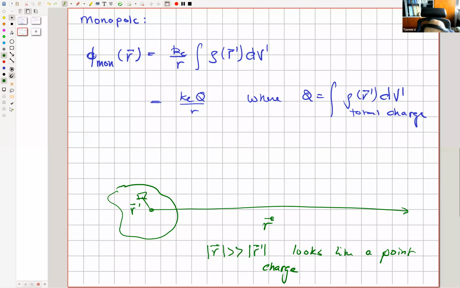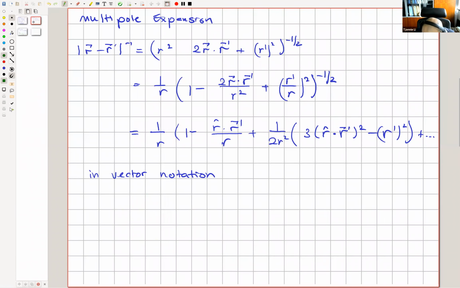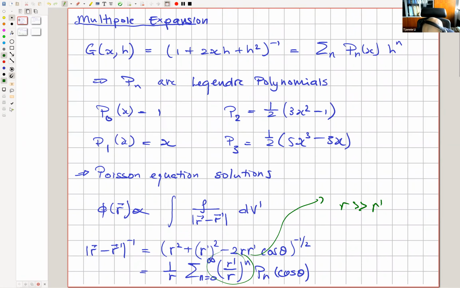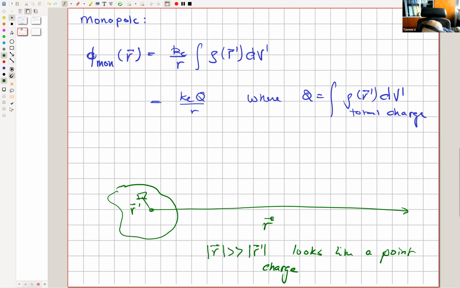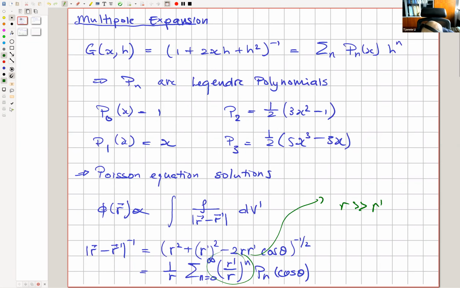Okay, so now let's take a look at the next order, when n equals 1. I'm getting R prime over R, and I get P1, which is just x. Now x, as you can see here, is the cosine of theta. Let's make this a little bit more explicit.